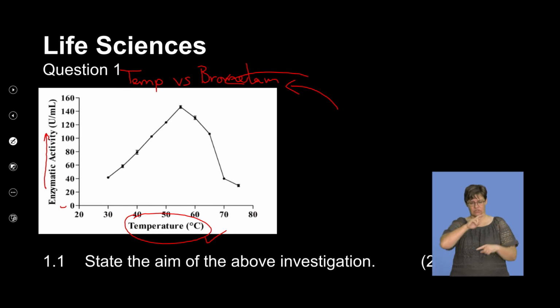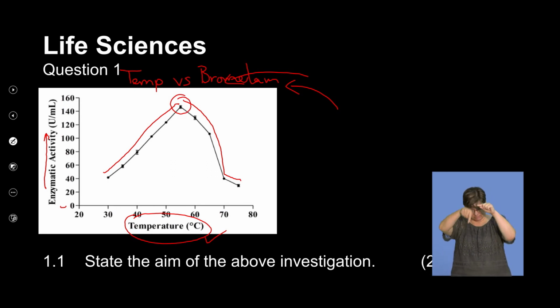Cool. So in this experiment, the information was collected over a period of time, and we see the general trend. For me, it's important that I've looked at the labelings, I've looked at the scale of the graph, and I also need to evaluate the general trend. So I'm seeing an increase in the enzyme activity, and then I'm seeing a decrease in the enzyme activity. So at some point, the enzyme activity has reached its maximum, and then it continues to decrease beyond this specific temperature. So that's how I would interpret the information.